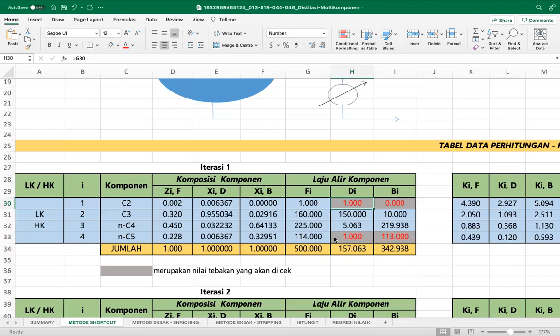And this one we also don't know: how much N-pentane goes into the bottom. So we have to guess.